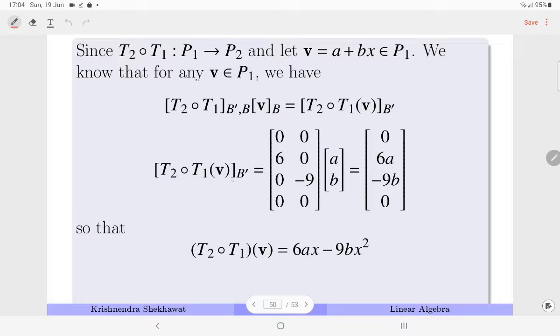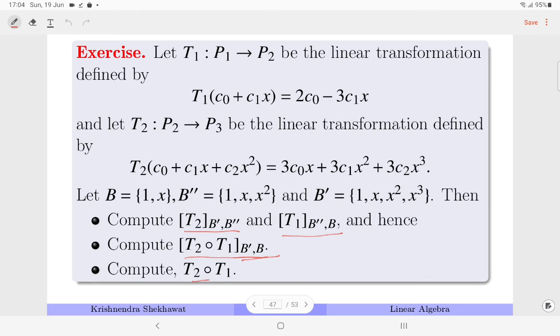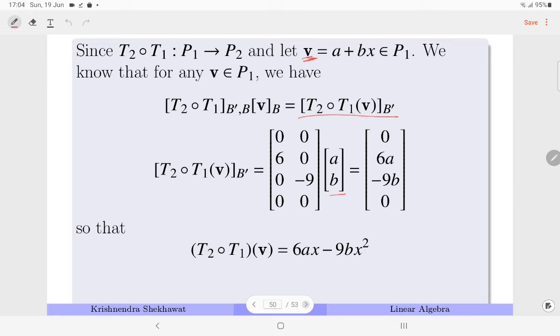Now T2 of T1 v with respect to B dash is, you have this matrix multiplied by the coordinates of v with respect to the given basis. So this is the standard basis which is given, I think 1, x must be given as the standard basis, so 1, x is given as B, and therefore T2 of T1 v with respect to B dash becomes 0, 6a minus 9b, and 0.